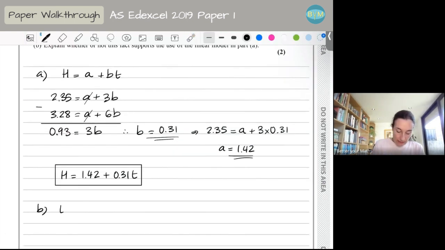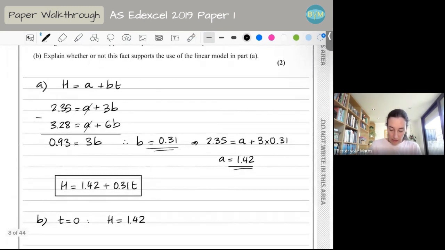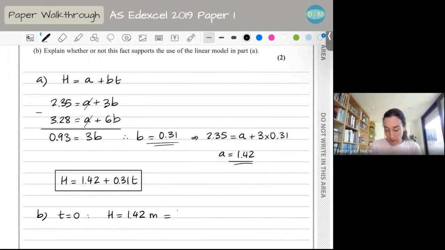So when t is 0, in our model, the height is 1.42 meters, because we were working with meters. And 1.42 meters is 142 centimeters.